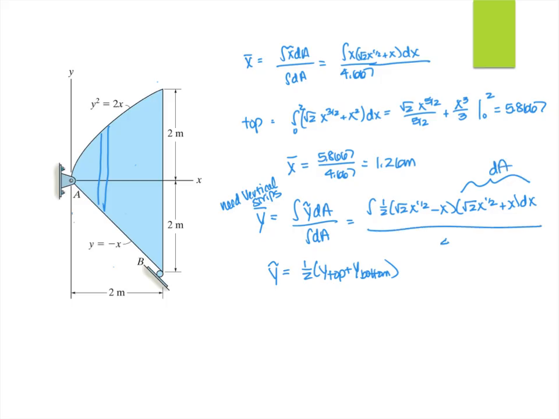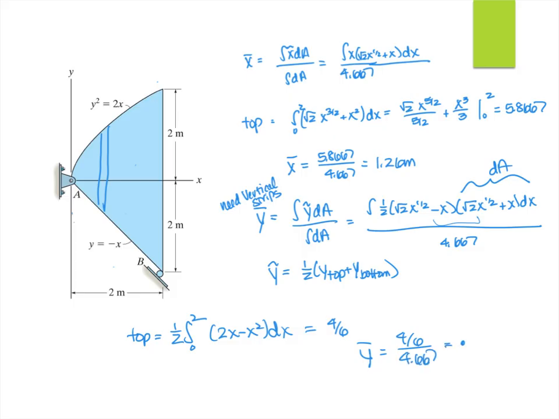And our area is still 4.667. So the way this works out, this is just going to give us a difference of 2 squares. So if we just do the top integral, we're integrating 1/2 and then 2x minus x squared dx from 0 to 2. It's going to give us 4/6. So y centroid is 4/6 over the 4.667, which is 0.143 meters.